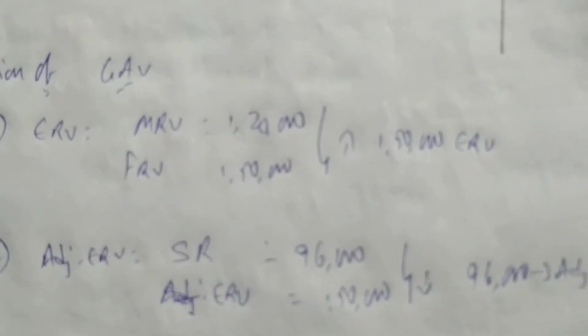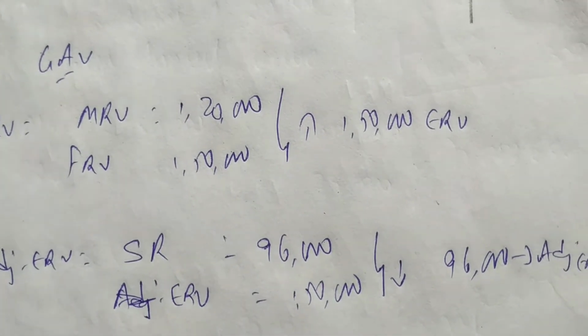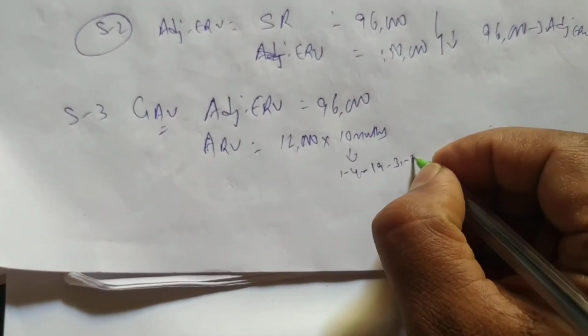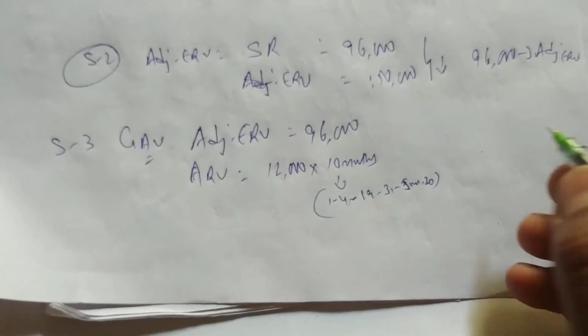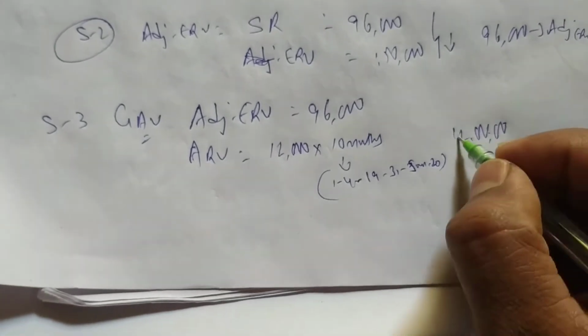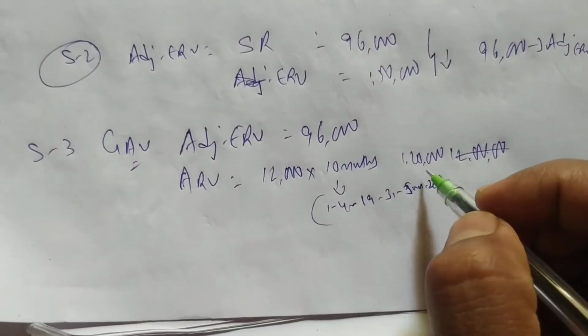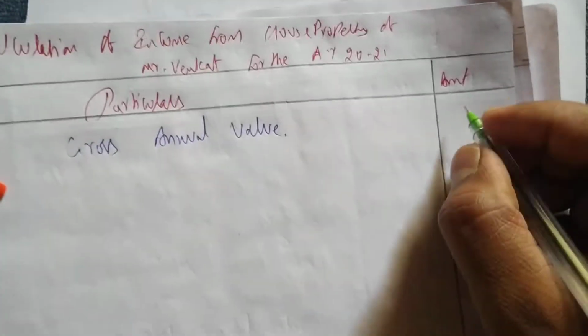It started from 1st April 2019 to 31st January 2020. Count, you will get 10 months. So 1,20,000. Adjusted ERV is 96,000 and this is 1,20,000. Highest is 1,20,000. So GAV is 1,20,000.